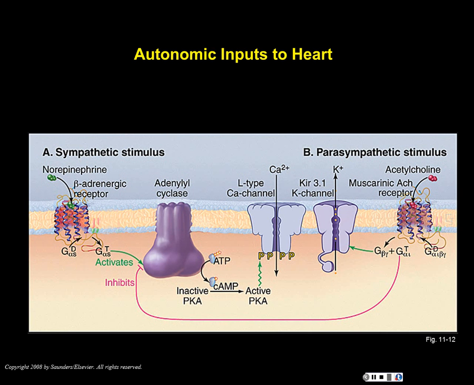You can see the dashed line means inhibition. Conversely, sympathetic nervous system activates the second messenger pathway to increase contractility. It's the opposite effect. If we recall from Unit 2 material, the heart is dually innervated, and the effects are opposite of one another.